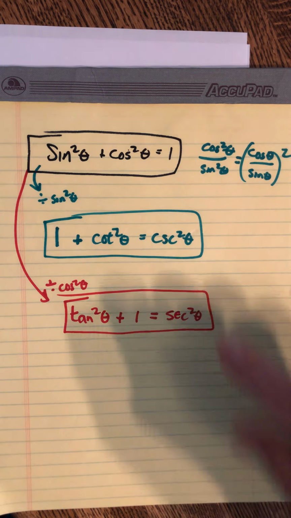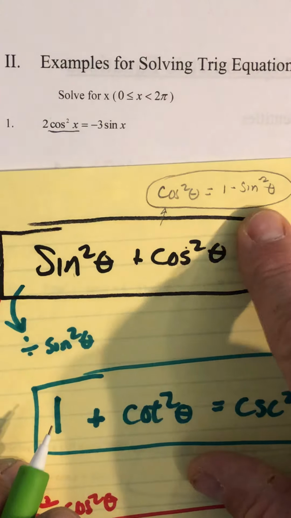So, kind of an offshoot of this main one, I could solve this equation for the cosine squared x by subtracting the sine squared x, or theta in this case. In our equation it's x, but in the general one it's theta here. It doesn't matter, it's just a variable. So cosine squared of some angle is equal to 1 minus the sine squared of some angle.